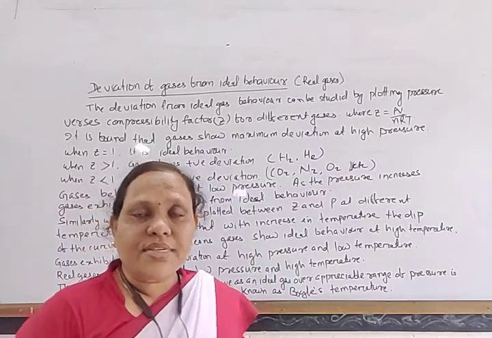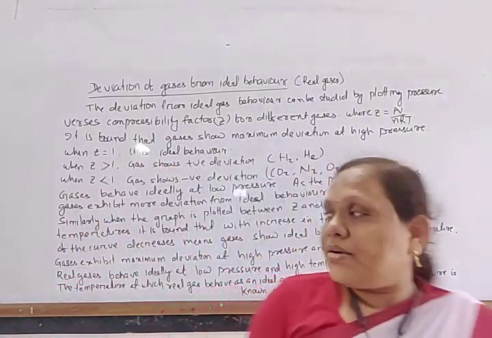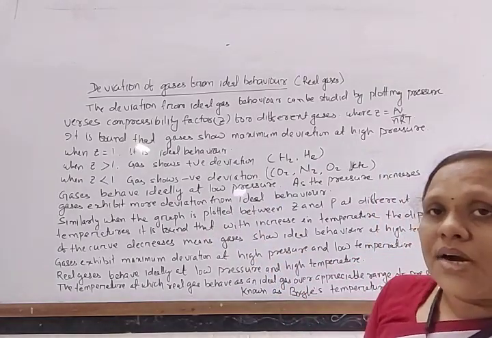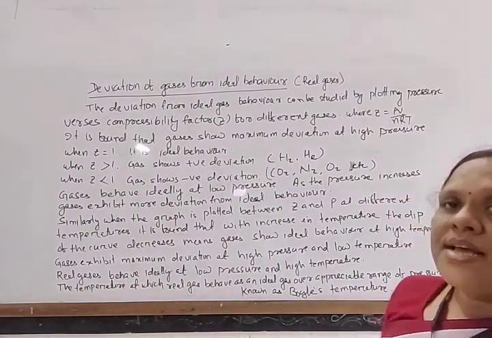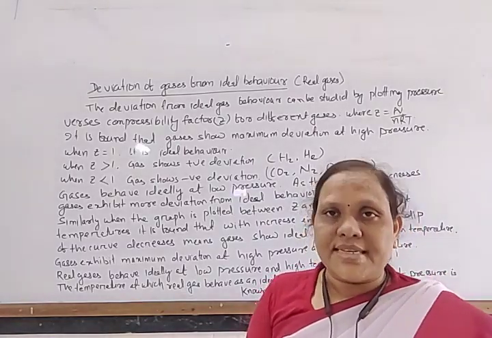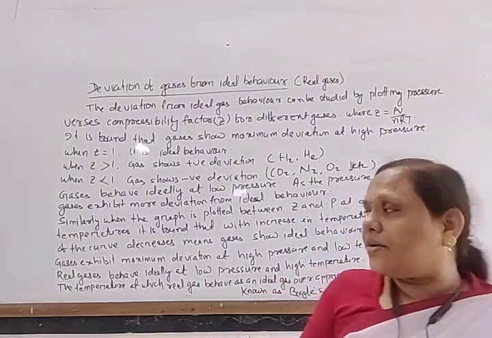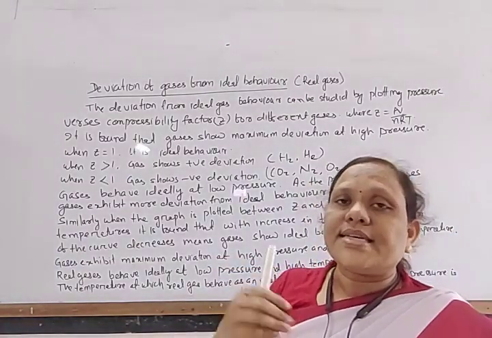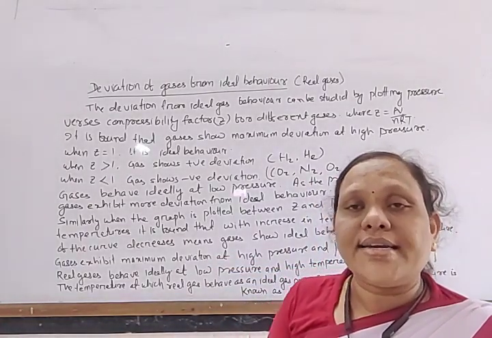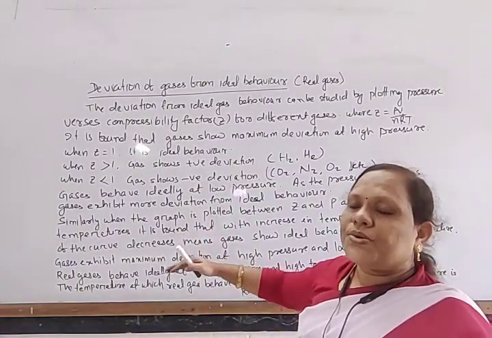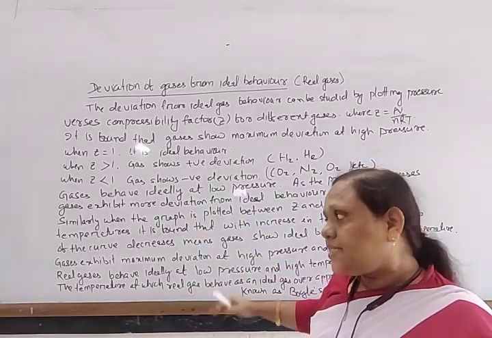Similarly, when Z versus P is plotted at different temperatures, it is found that with increase in temperature, the dip of the curve decreases. So at high temperature, gases show ideal behavior or less deviation.